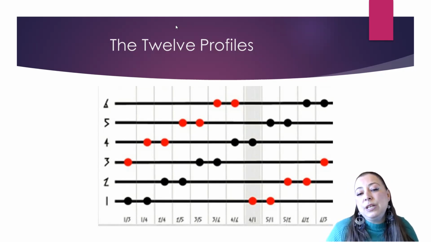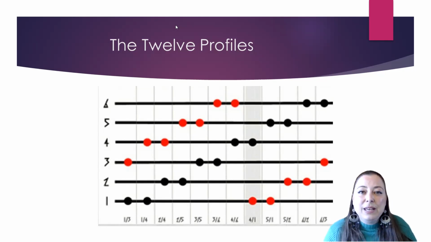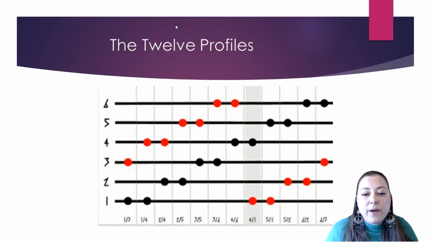As you see, the fourth line becomes conscious and the first line subconscious. So we have transpersonal, personal, and here we have fixed fate. So those people, whatever happens to them, was just meant to happen. A 4-1 profile, they're quite rare actually.